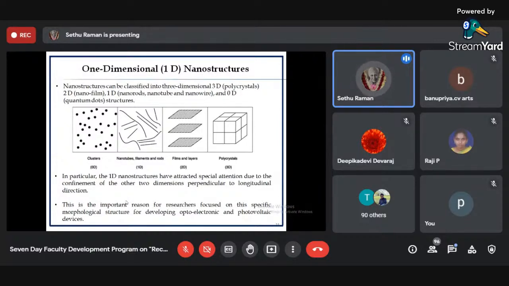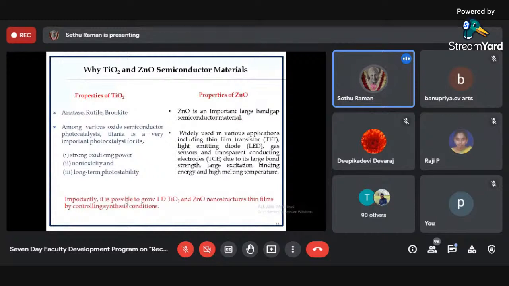In particular, one-dimensional nanostructures have attracted special attention due to the confinement in the other two dimensions perpendicular to the longitudinal direction. That is the reason researchers focus specifically on the one-dimensional morphology. It is highly useful for different device applications.